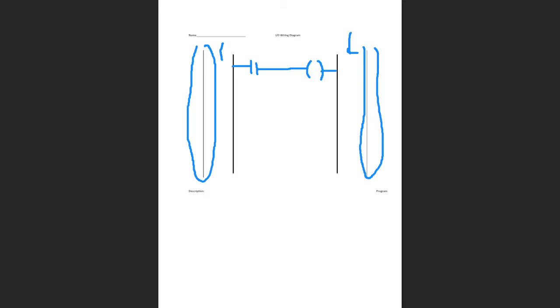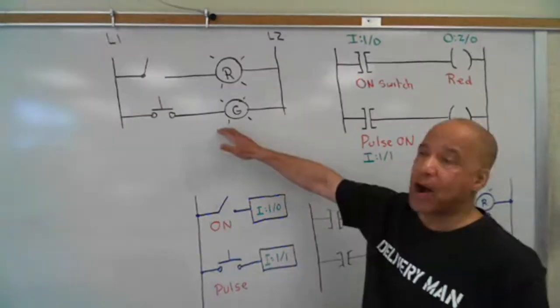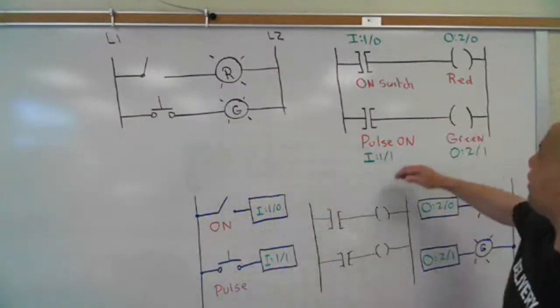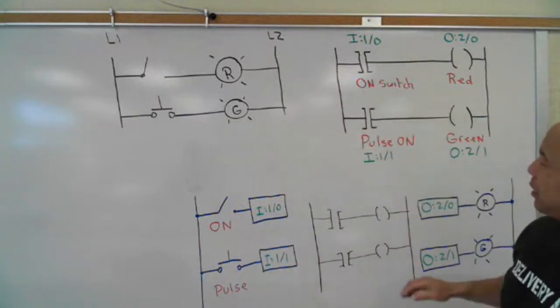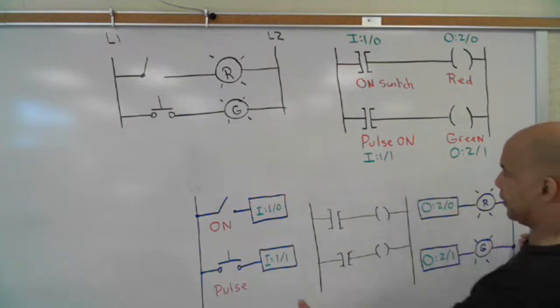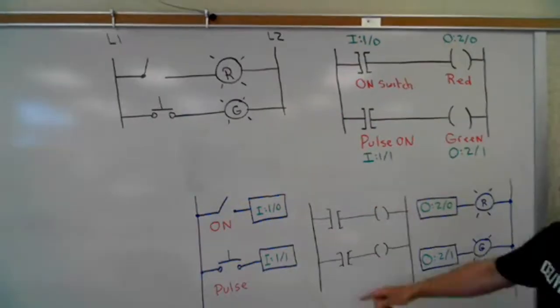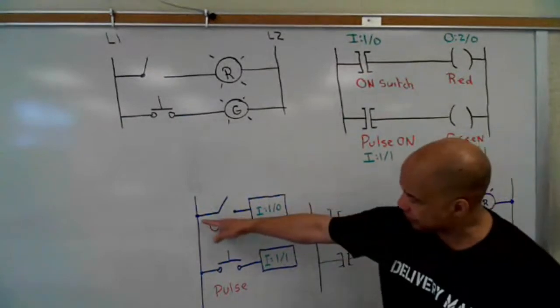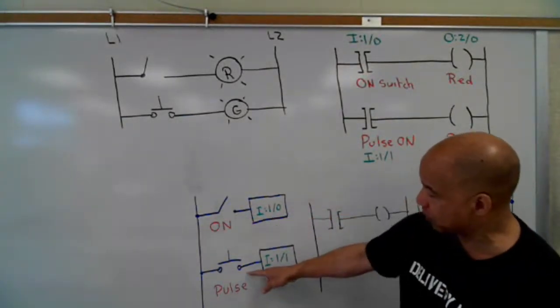So you're actually going to tie the physical field device to an address. So we have the hardwired circuit, we have the logic program to implement it. But then in my I/O diagram, outside here, those line 1 and line 2 that we referred to, I show a physical connection for the single pole, single throw, and for the normally open push button.